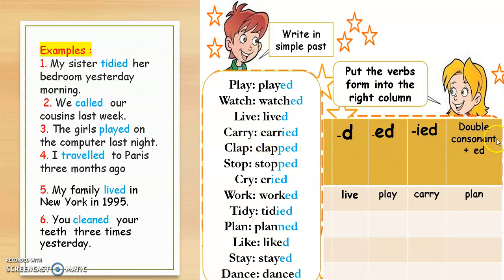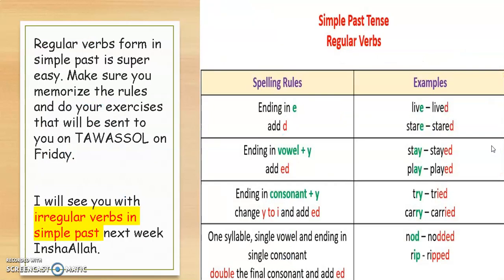And double consonant plus ED. For example, plan here, there we go, plan. We add another N and it becomes double consonant, like 2 consonants, ED. So this is a rule. Pause the video, read it carefully, and then do your exercise. I'm going to correct it with you next week, inshallah.